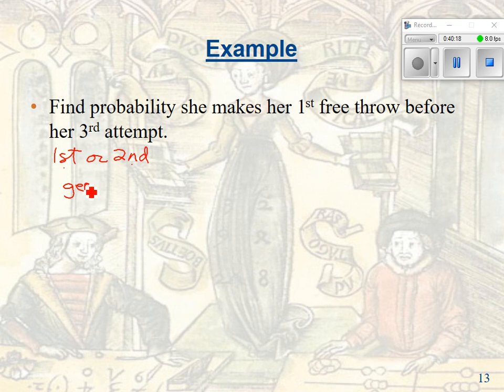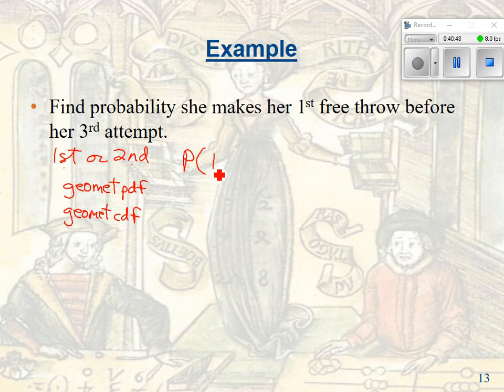So if you grab your calculator right now. It's got a geometPDF and it's got a geometCDF, same places as the other stuff was. If we want the probability, like on this one, that she does it on 1 or 2, well, that's the very beginning of it, right?